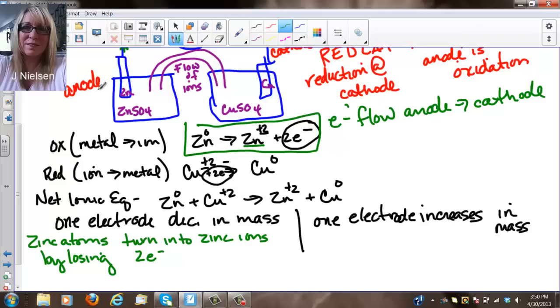So if the metal atoms are losing electrons and turning into ions, therefore the zinc electrode decreases in mass over time.